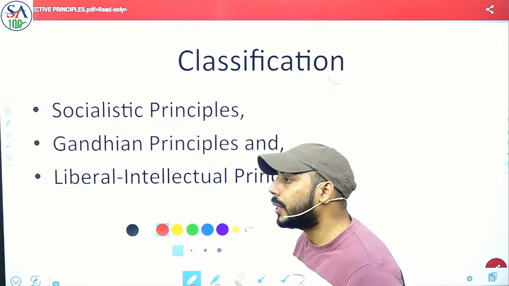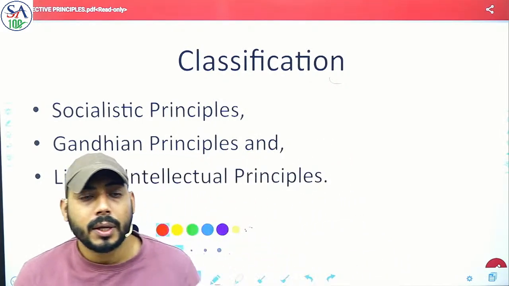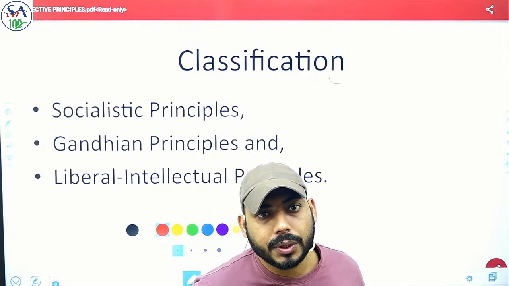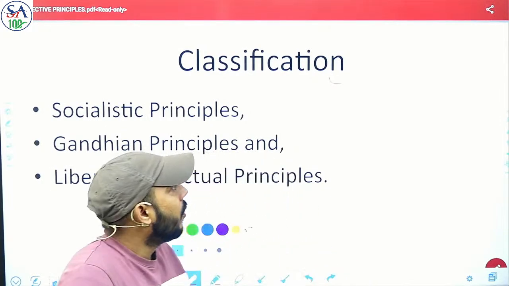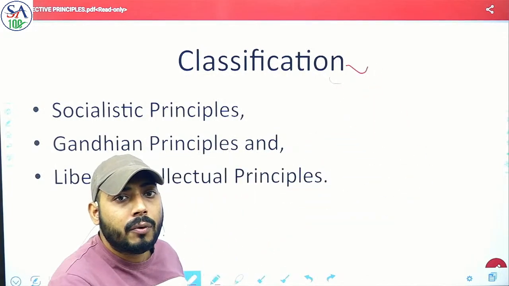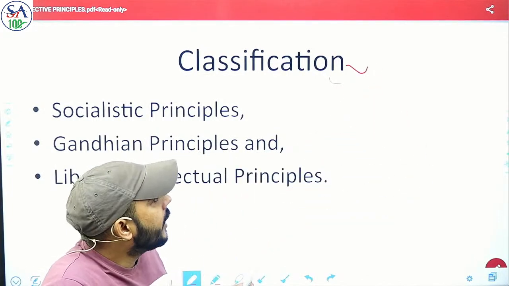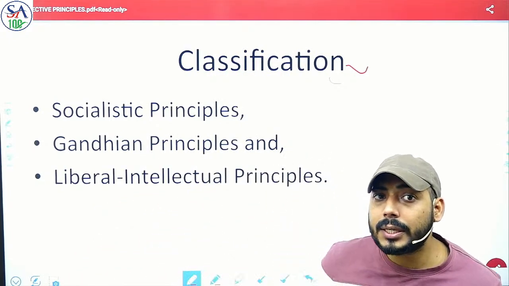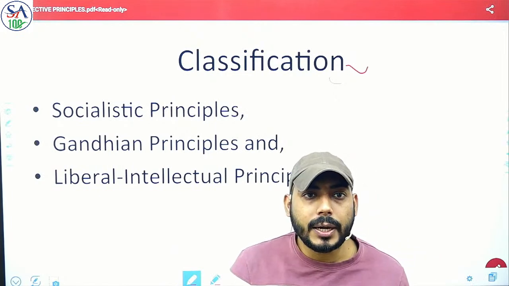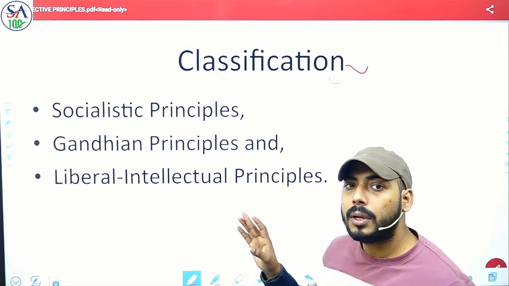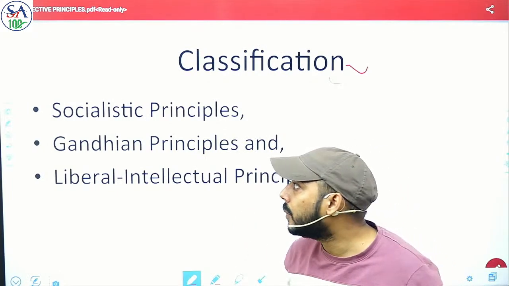And one important thing you need to know is that this classification is not mentioned in the Indian Constitution. This is done for students or for the people for simple understanding. Again, I am saying this classification is not provided by the Indian Constitution. This is done only for the sake of understanding.